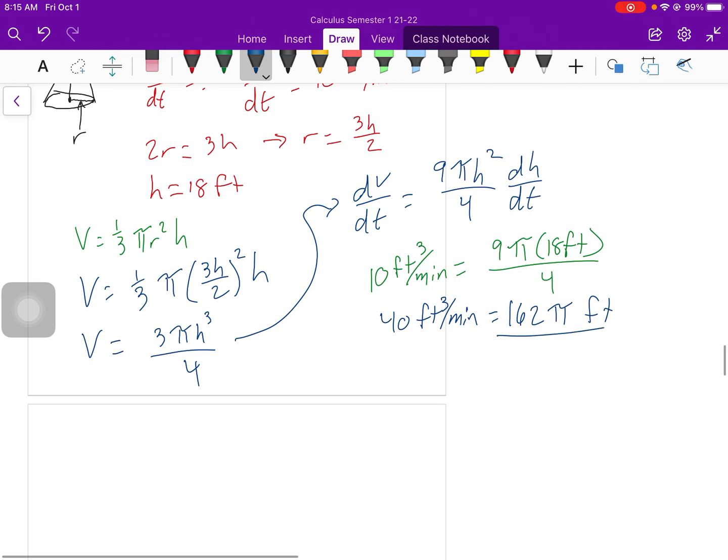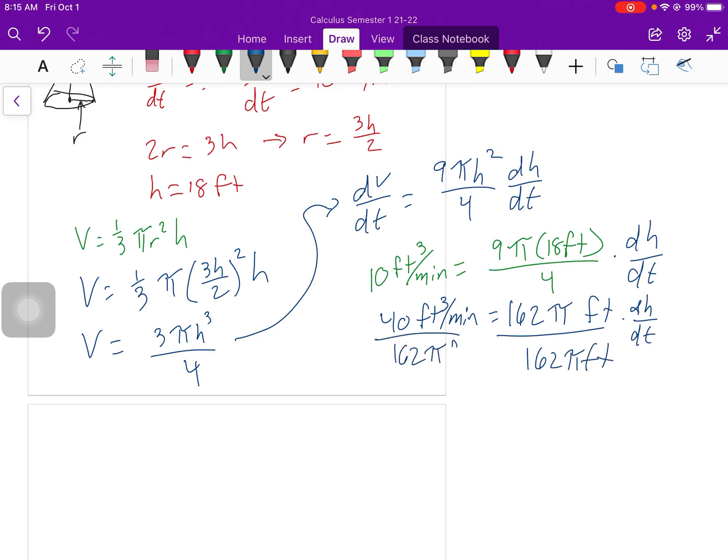When I divide both sides, I lost my dh/dt here. That's bad because that's what I'm trying to find. When I divide both sides by 162 pi feet, I'm going to take 40 divided by 162 divided by pi, and that is going to give me, I think I made a mistake somewhere.